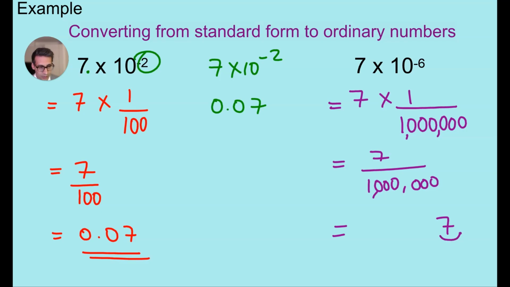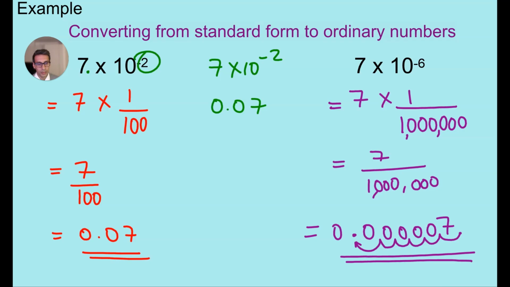So 6 zeros. 1, 2, 3, 4, 5, 6. This is where the decimal ends up. Now we're going to need to move the equal sign just a bit. So this is going to be 0.000007. And there we've written this as an ordinary number. So this is no longer in standard form. It started off in standard form.